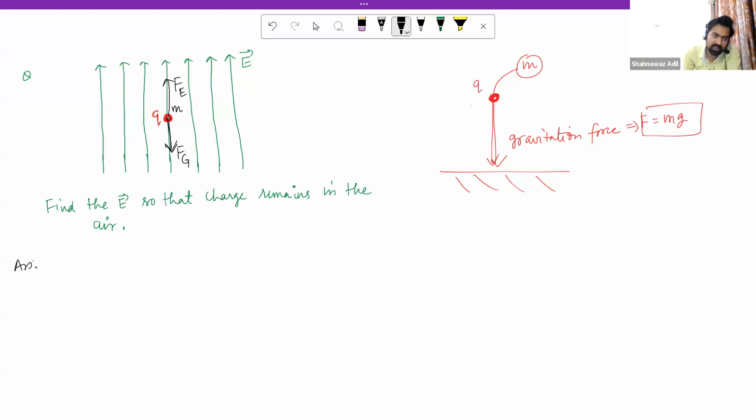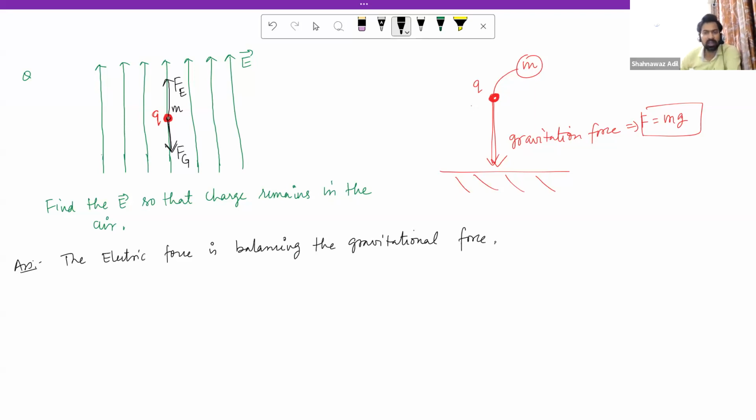So the answer is that the electric force is balancing the gravitational force. So this will keep the charge stationary.